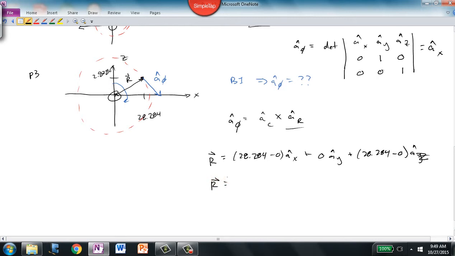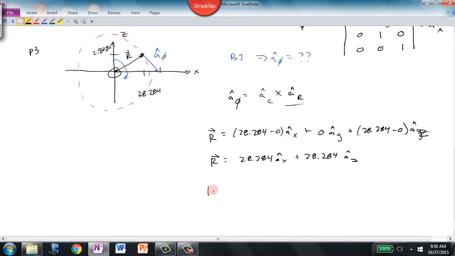And so r therefore is equal to 28.284 a hat x plus 28.284 a hat z. The magnitude of r is going to be the square root of 28.284 squared plus 28.284 squared, and that's 40 centimeters there.